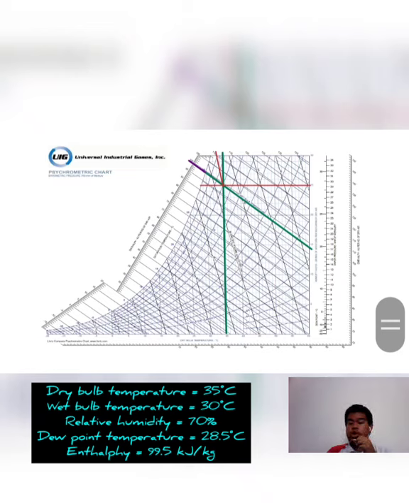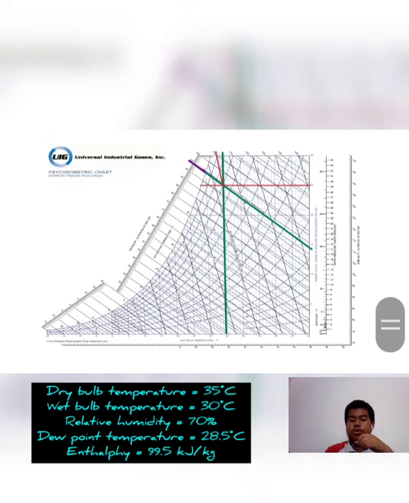So we can conclude that the information given from the question is dry bulb temperature, which is 35 degrees Celsius, and wet bulb temperature, which is 30 degrees Celsius. So we can conclude from the psychrometric chart, we get for relative humidity 70%.